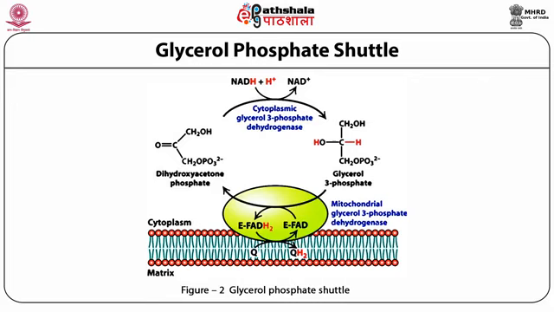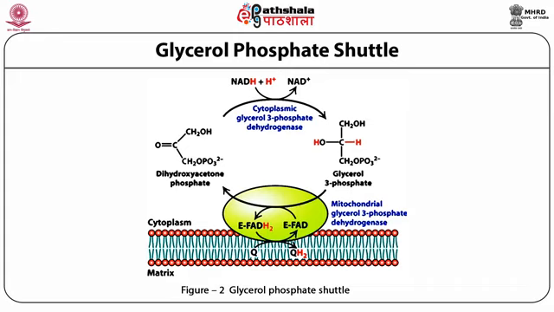The figure shows the glycerol phosphate shuttle. The glycerol 3-phosphate shuttle is a mechanism that generates NAD plus from NADH, a byproduct of glycolysis. It is secondary to the Malate-Aspartate Shuttle in importance for transporting reducing equivalents.